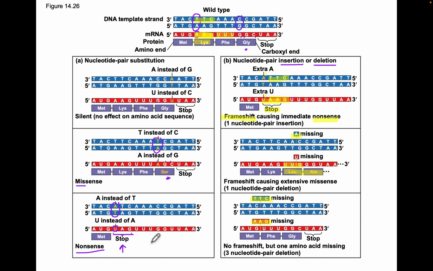So it's not that having a mutation that causes a major protein problem will be bad. It's just that that protein probably won't work anymore with extensive missense. Also with nonsense, if it's short, the protein's probably not going to work anymore. Whether that's good or bad just depends on the scenario the organism finds itself in, as well as what it does to the physiology, anatomy, biochemistry, something like that. So that's what I want to tell you about translation.